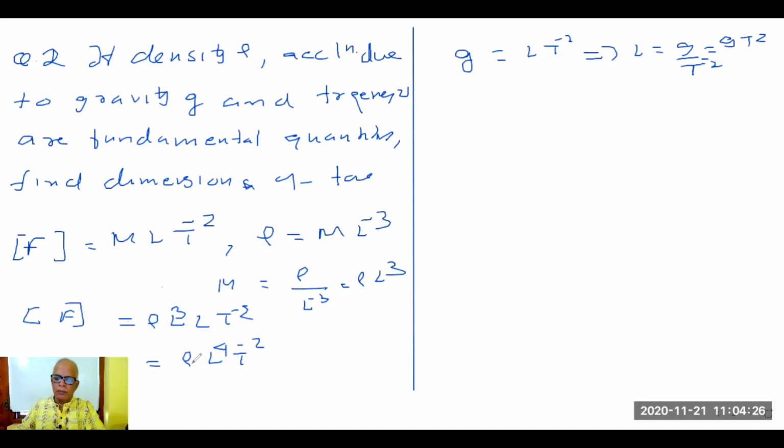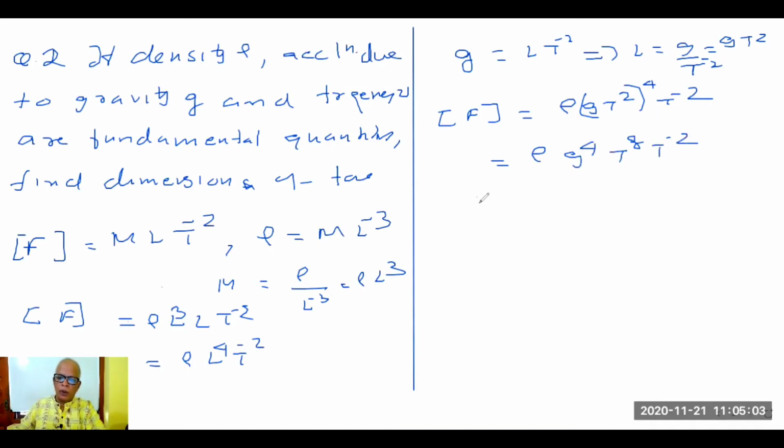Put that here: F is equal to rho into, instead of L, g T squared, the whole raised to 4, times T raised to minus 2. So this is rho g raised to 4, T raised to 8 into T raised to minus 2, that is rho g raised to 4, T raised to 6.